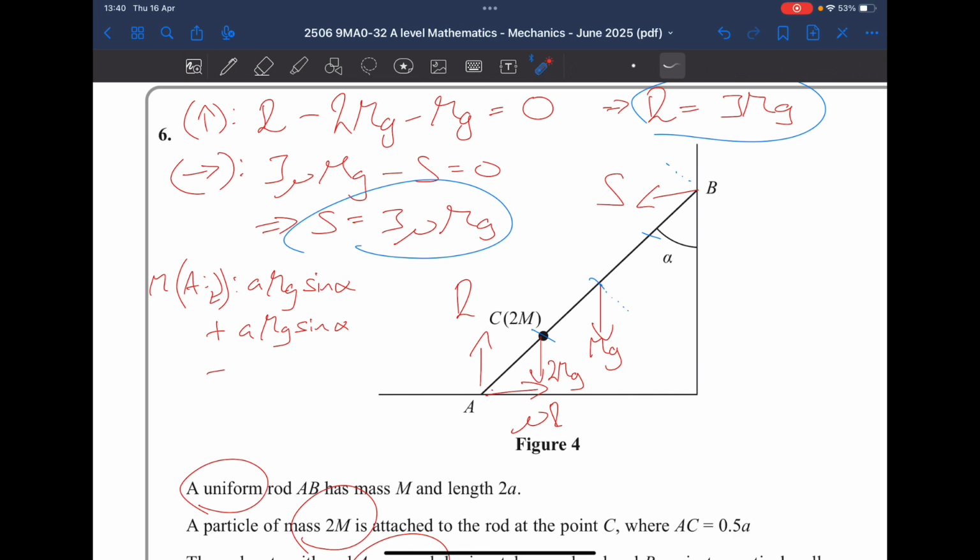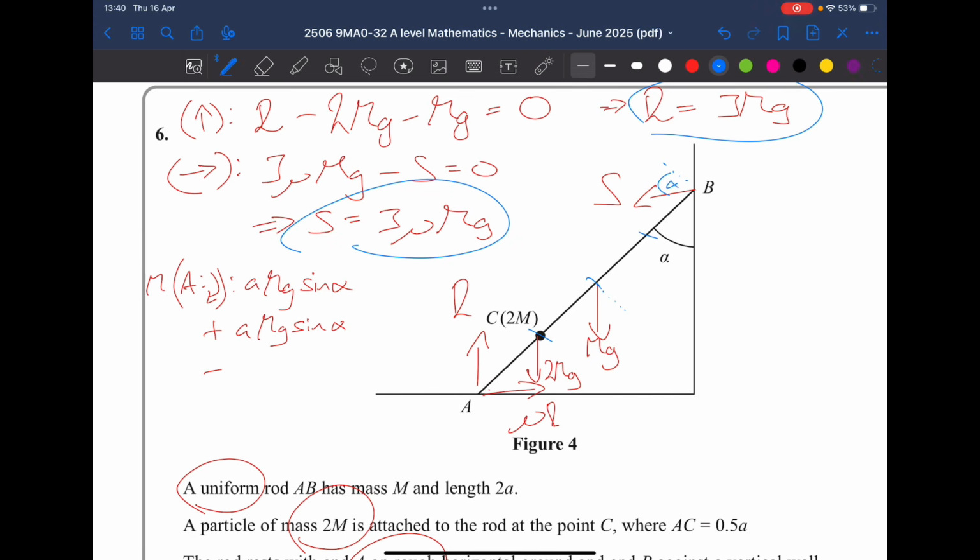This one is not alpha, it must work with alpha to make 90, so this side is alpha. So we need to go with the angle, it's nice and cozy. So it should be S cos alpha, and this distance away was 2a. And again, these are all equal to 0.